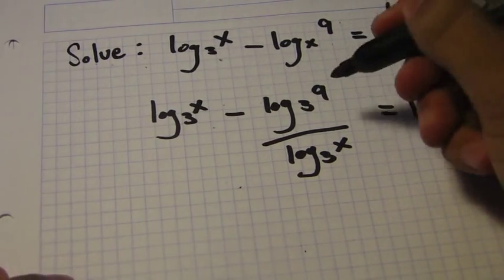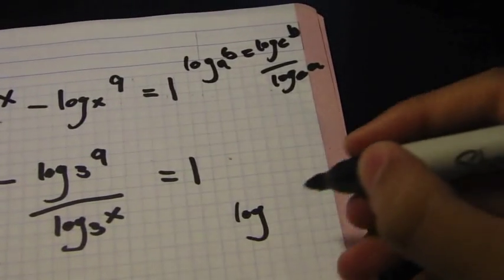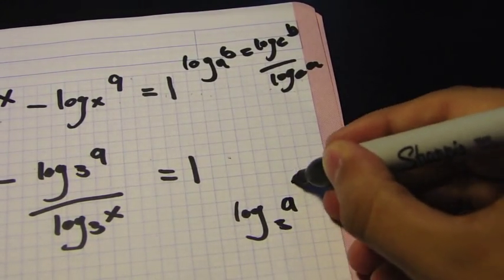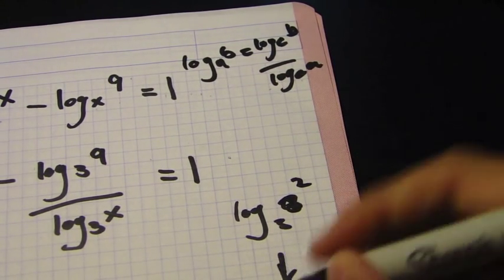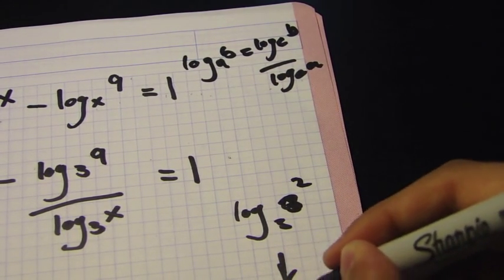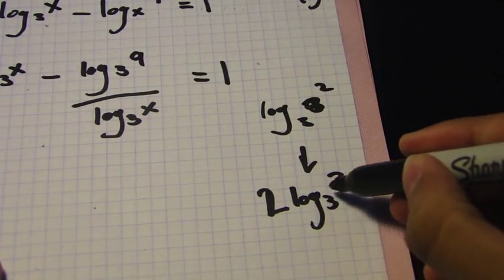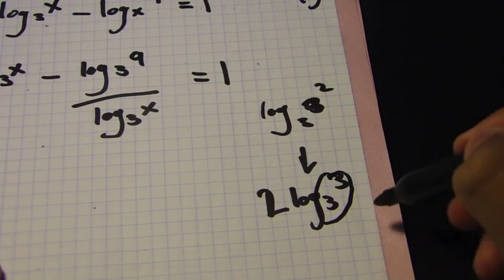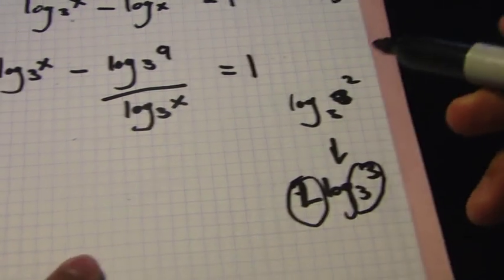But if you can't see it right away, you can just write it as log base 3 squared, which equals 2 log 3 base 3. So once again, these are the same, it equals 1, so 2 times 1 equals 2.